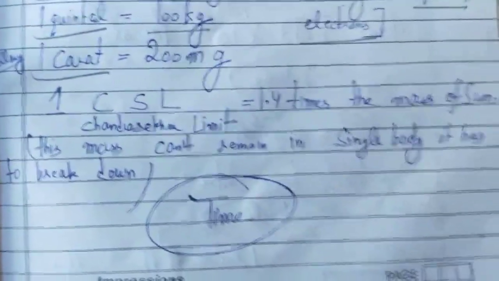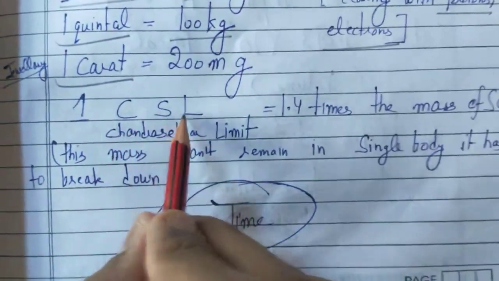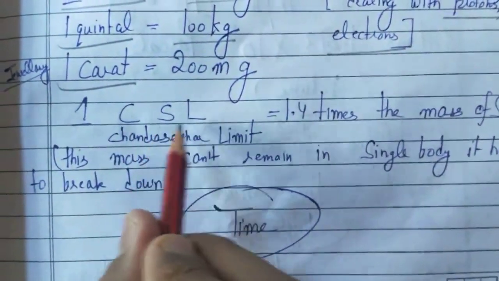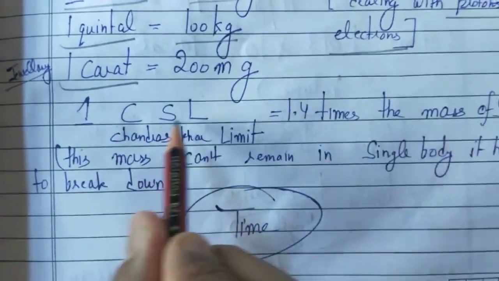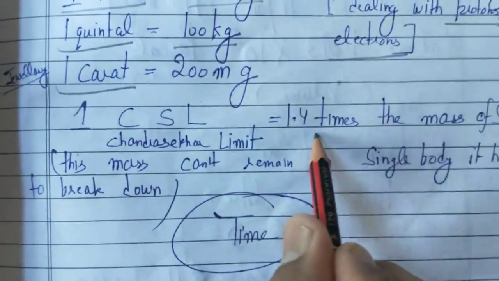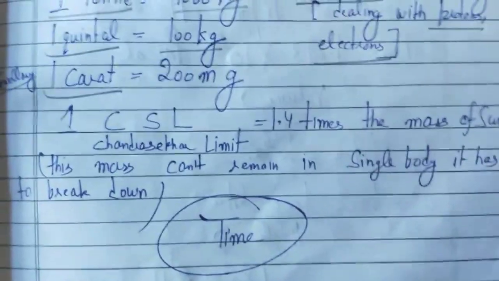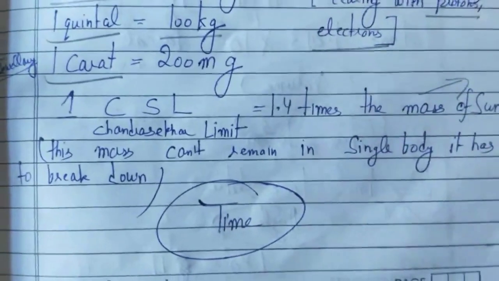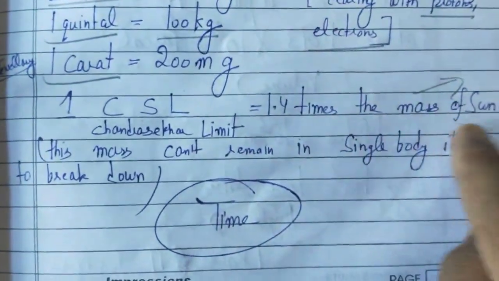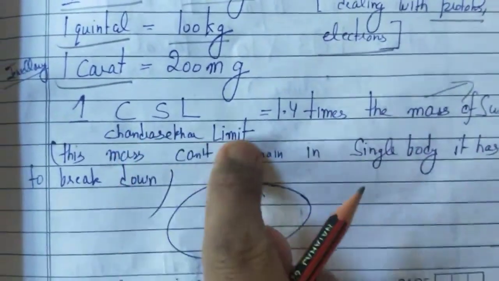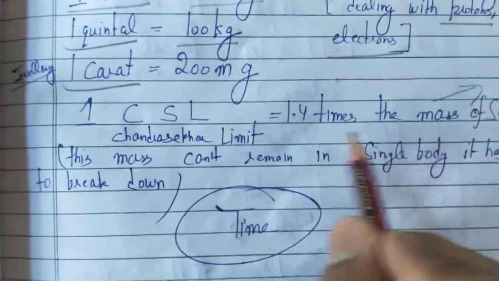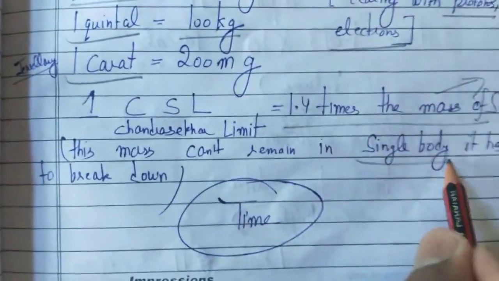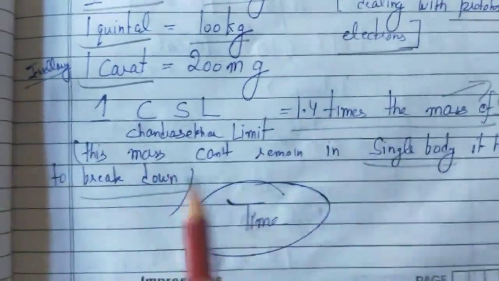The biggest unit of mass is the Chandrasekhar limit. 1 Chandrasekhar limit is equal to 1.4 times the mass of the Sun. That means this is a huge mass. If more than this mass remains in a single body, it will break down.